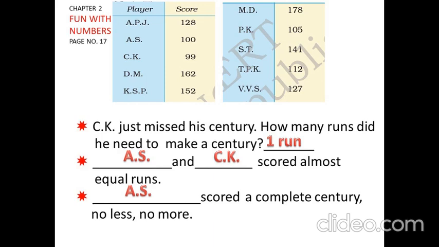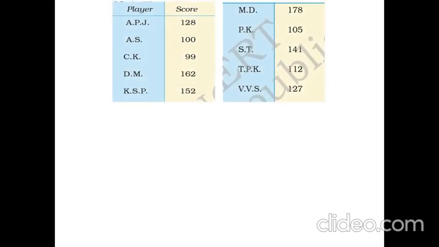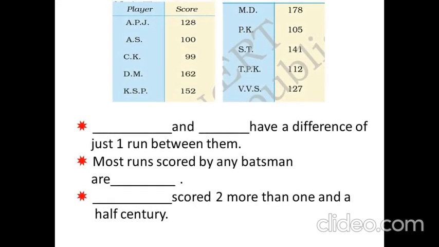Now let's move further. Dash and Dash have a difference of just 1 run between them. Now if you remember the second blank, correct. Here also you have 2 options. AS and CK. AS has scored 100, CK scored 99, so there is 1 run difference between them.